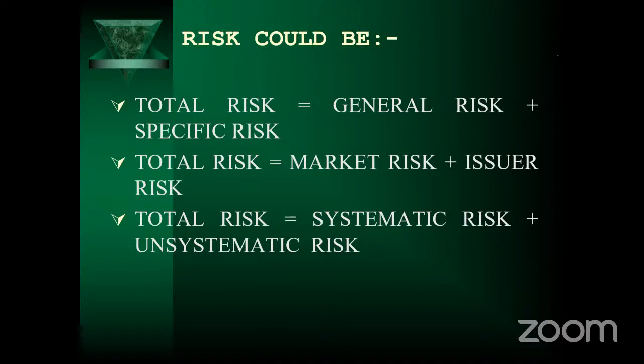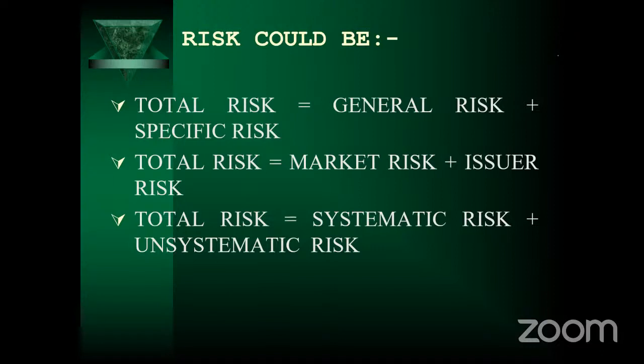Let's say a war-like situation, like the Russia-Ukraine war, is going on. Automatically the system will fail. Because of system failure, systemic crisis, there could be a certain amount of risk to the industry, to the business, or to a particular sector. That is known as systematic risk.